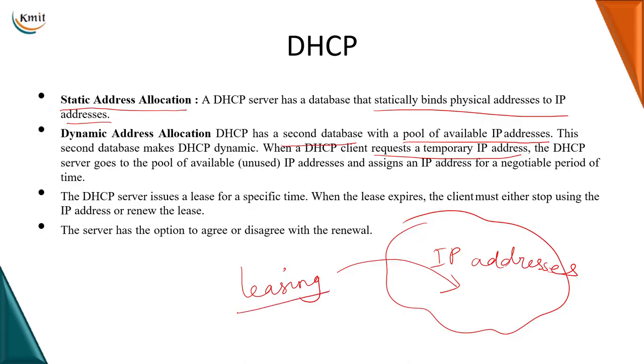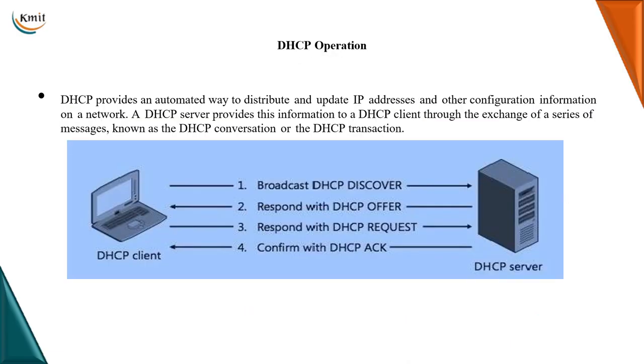As soon as the lease time expires, the client has to stop using the IP address, or if the client wants to continue to use the IP address, it has to renew the lease. All this is done automatically using the DHCP protocol. Okay, let us see the DHCP operation.